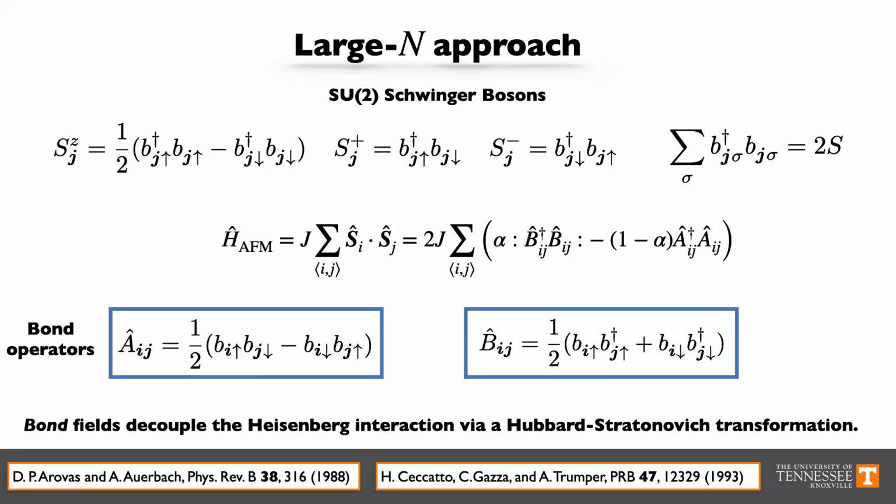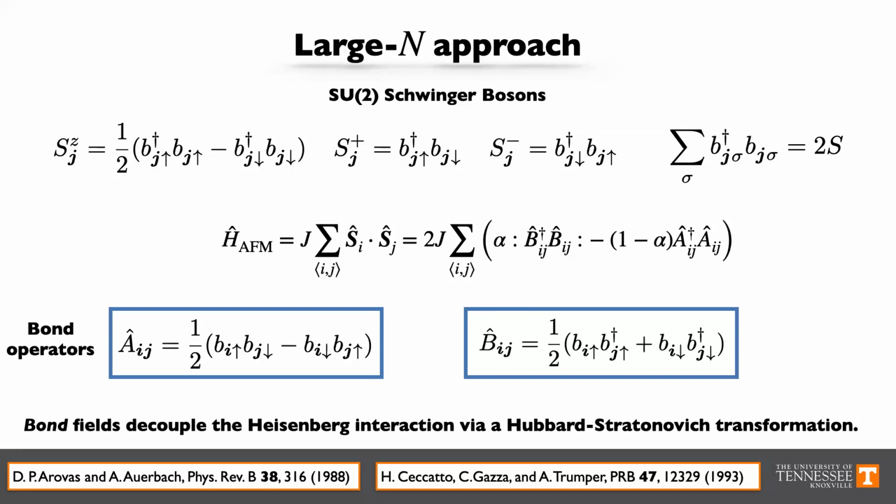So in other words, we are going to write the Heisenberg Hamiltonian as a bilinear in bond operators. In particular, for this SU(2) case, you have these two bond operators, which are singlets under the symmetry group of this Hamiltonian.